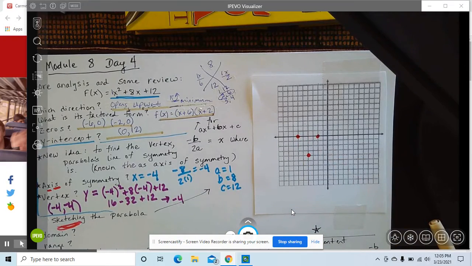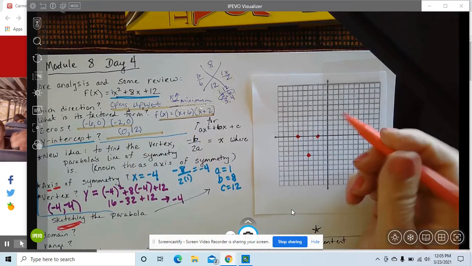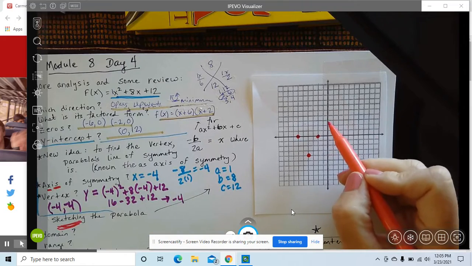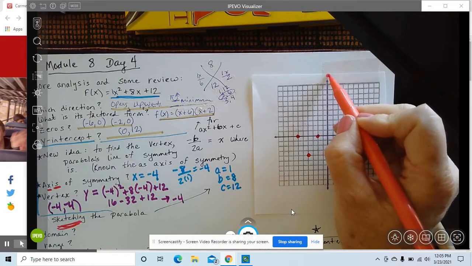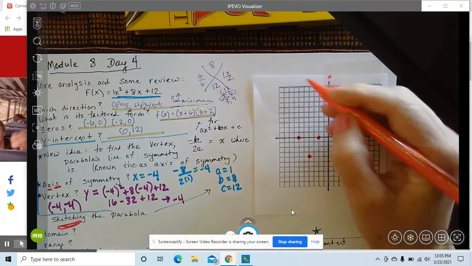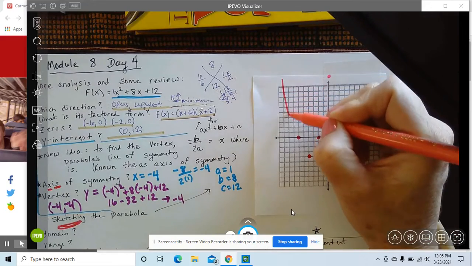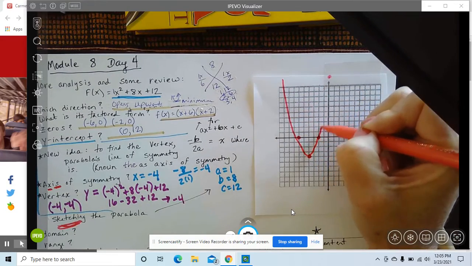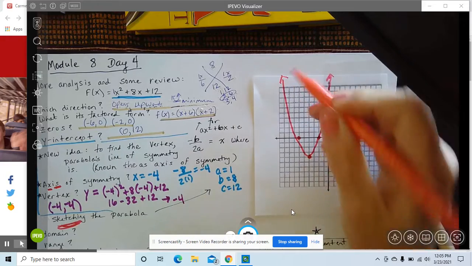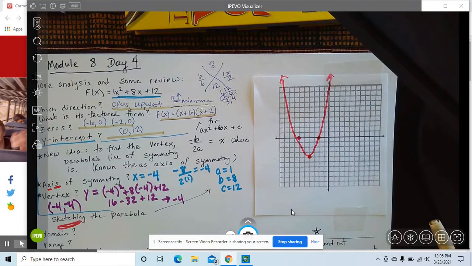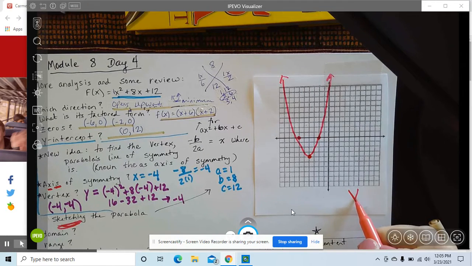And one more, we have the y-intercept at (0, 12), which I think, 1, 2, 3, 4, 5, yeah, I'm going to have to go off the graph a little bit. It would be up there. So now, just carefully sketch it. Try to make the bottom look sort of rounded and not like a V, because when you graph a V like this, that's an absolute value graph. Parabolas always have a bit of a curve.